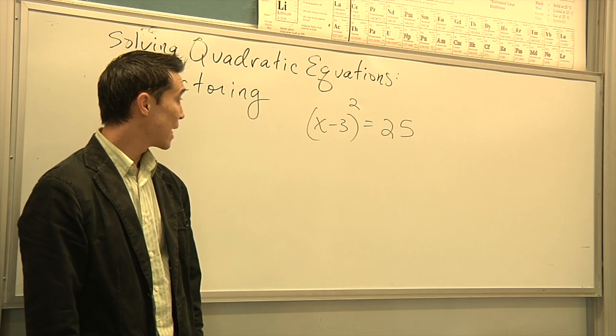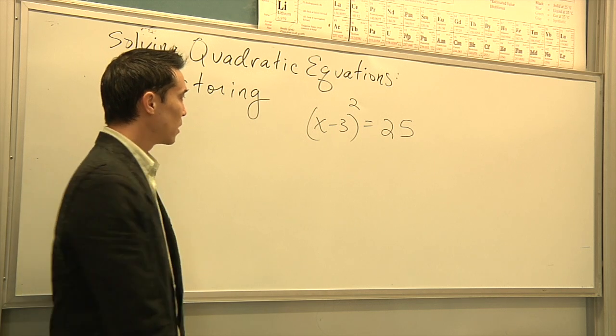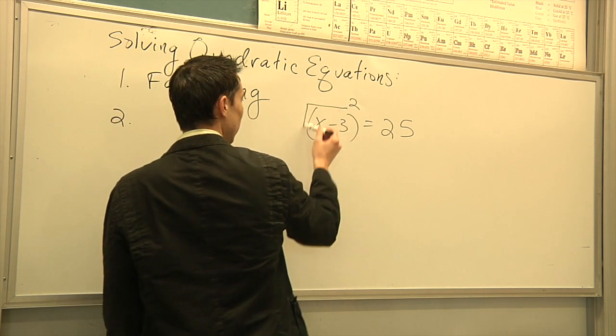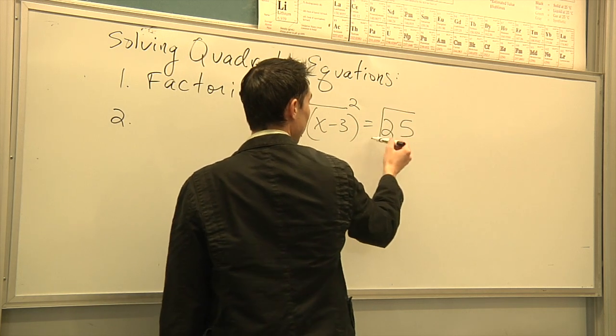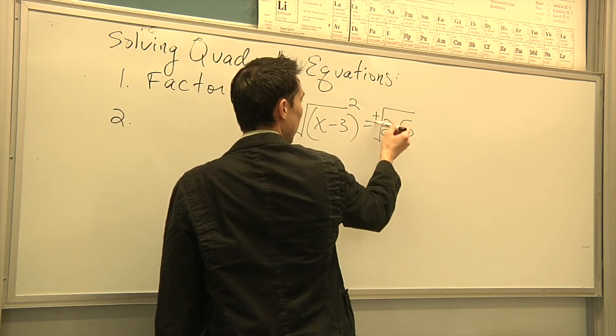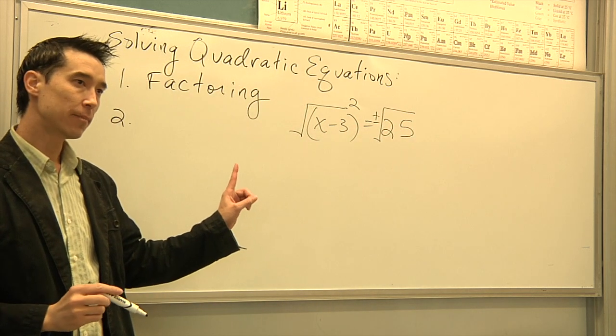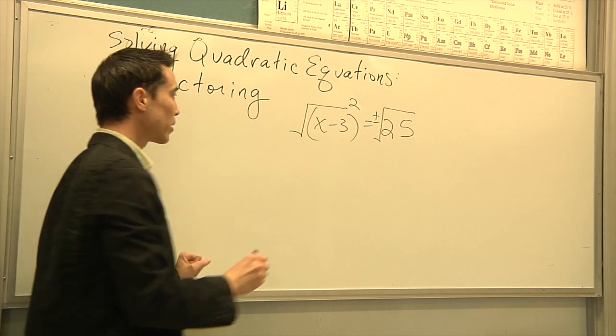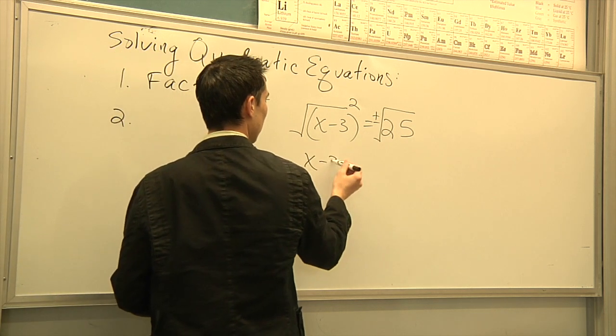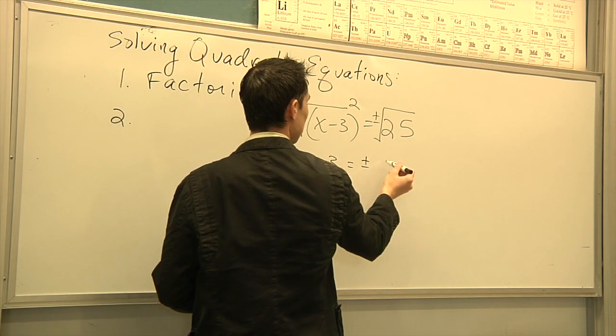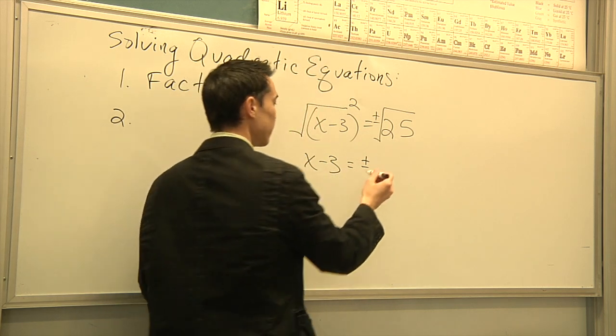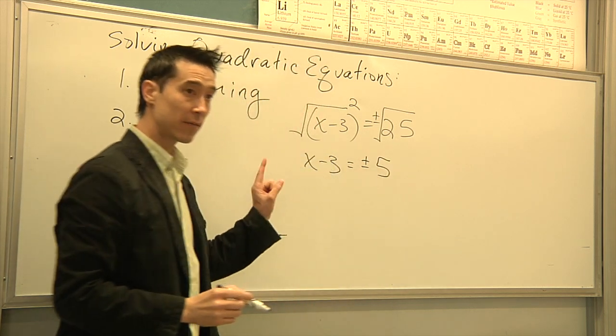The process is identical. You take the square root of this side, you take the square root of this side, I gave you a nice number here, 25, and you do plus or minus on the number side. Your next line will look like this. X minus 3 equals plus or minus the square root of 25, which is 5. And now you have two answers.